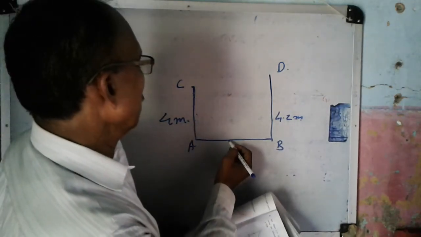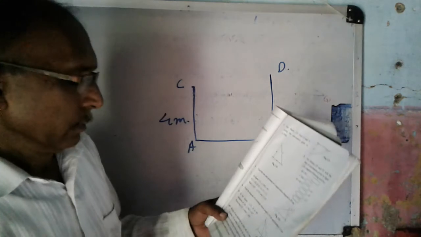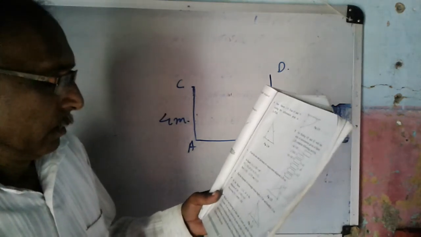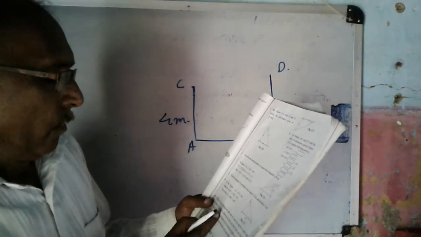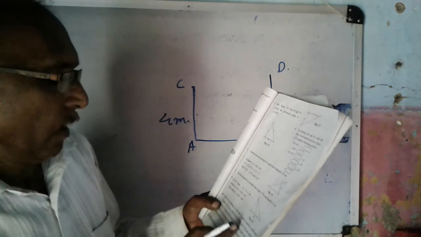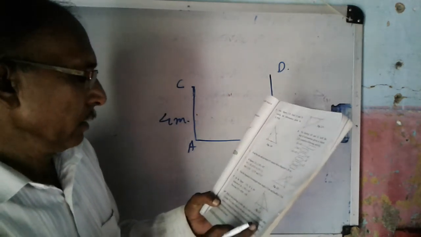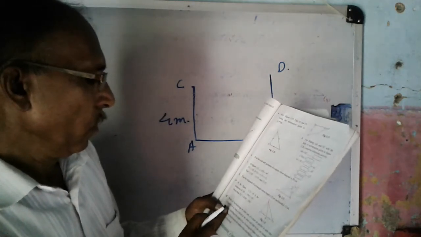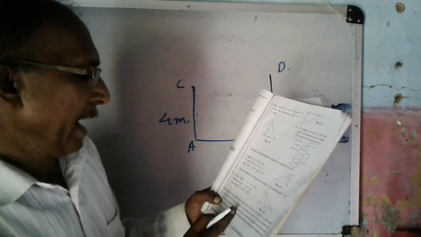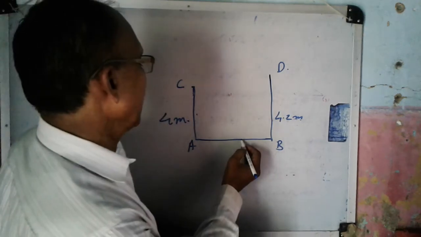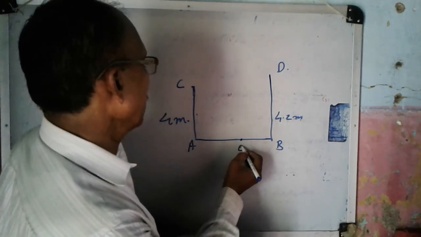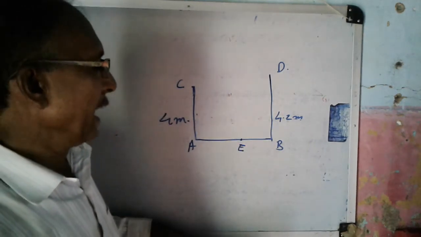Now the ladder is placed on the street such that its top just reaches the window of building at the height of 4 meters. Suppose at this point here E, a ladder is kept.